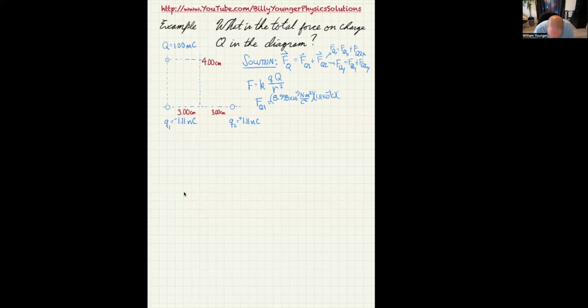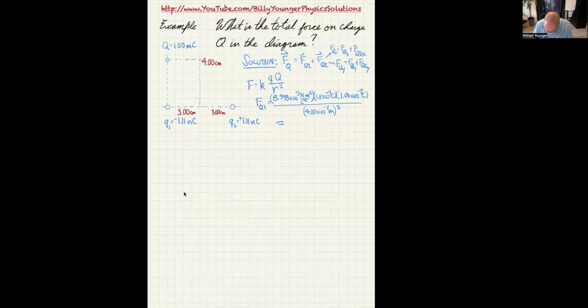And then the capital Q is 1.00 times 10 to the negative third coulombs. And we're doing Q1 here, so the distance between them is exactly 4 centimeters, so 4.00 times 10 to the negative 2 meters, squared.